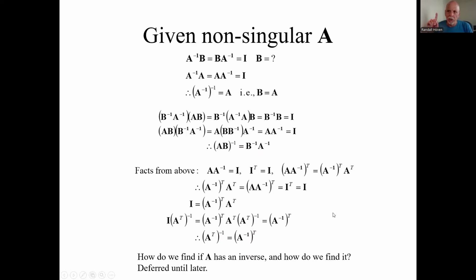The thing we have not done is how you go about showing or proving that a particular matrix A has an inverse, and secondly, if it does, finding or computing that inverse. We're going to have to save that for another day and another whole chapter of my textbook.